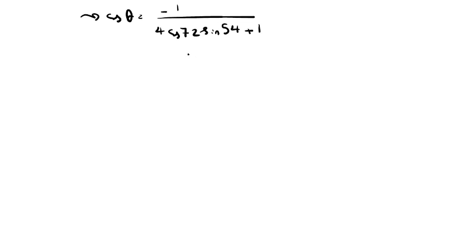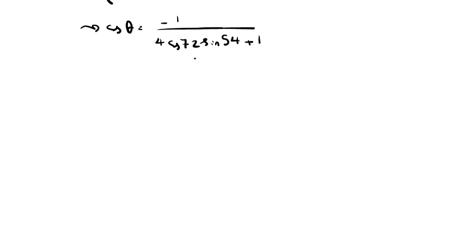So we should focus on finding cos 72 sine 54. Cos 72 equals sine 18. And sine 54, you can say it equals cos 36.